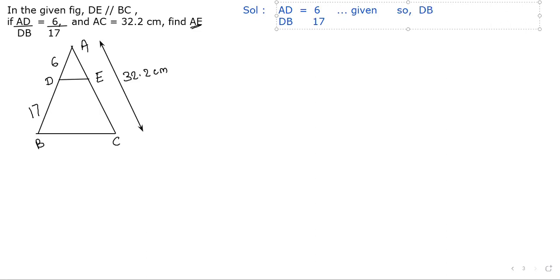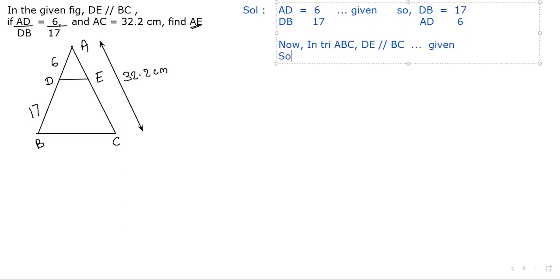Therefore, DB upon AD is equal to 17 upon 6. Now, in triangle ABC, DE parallel BC, given.